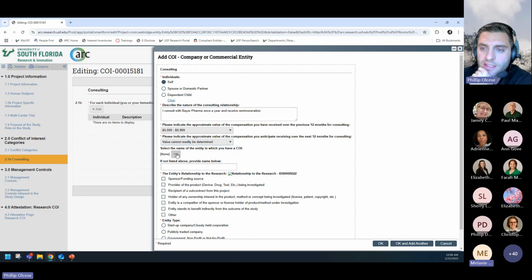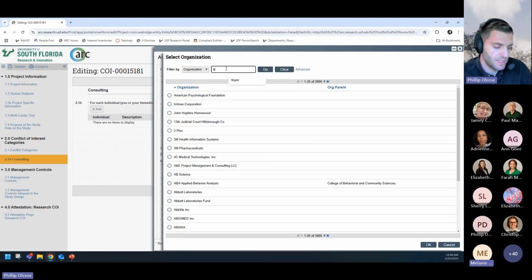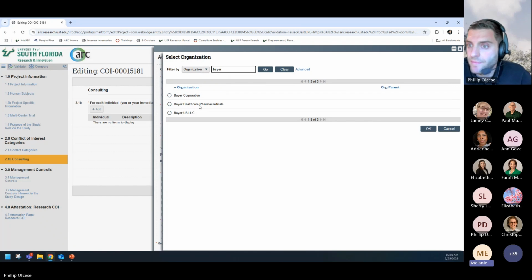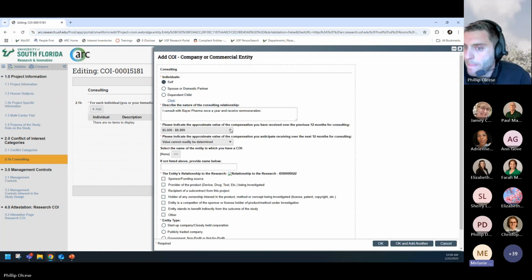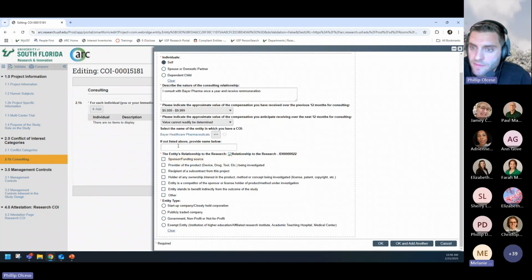And the name of the entity, this is going to be our Bayer Pharmaceuticals again. Once again, if the sponsor is not listed, we have a box to fill this in. So what's the relationship to the researcher here? Right, they're the sponsor, they're the funding source.